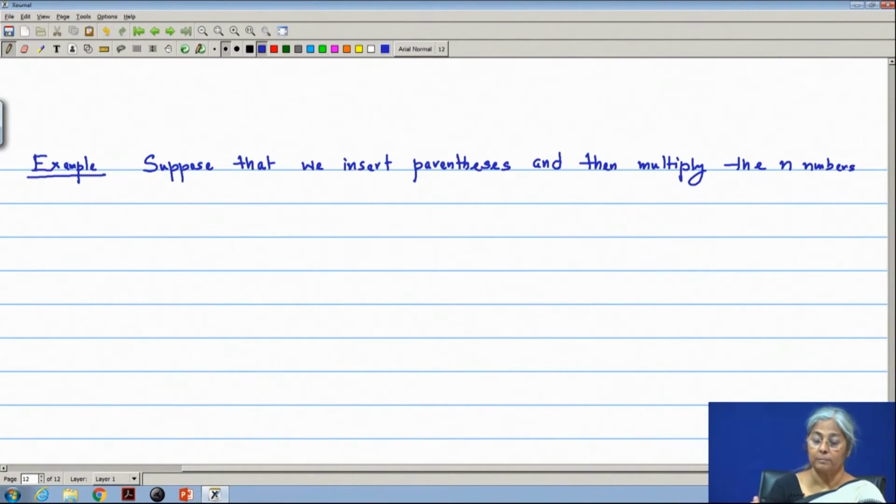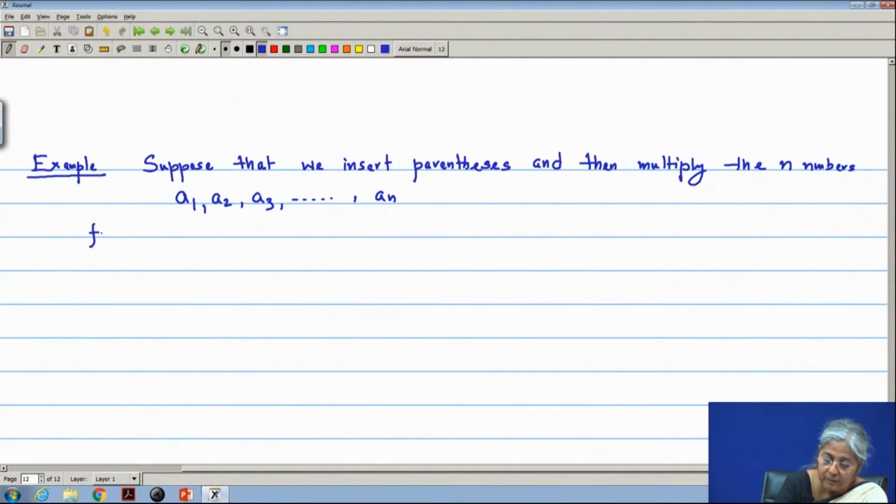So, we have to multiply n numbers, say A1, A2, A3 up to An. And we insert parenthesis and then multiply the n numbers.